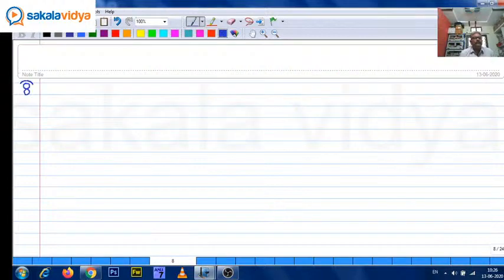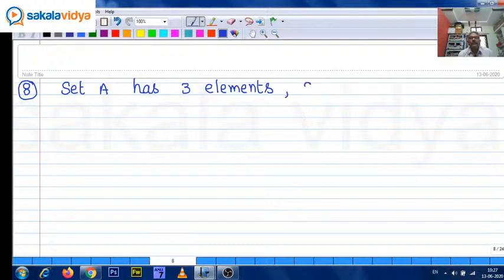Eighth. Set A has three elements, comma, set B has four elements.